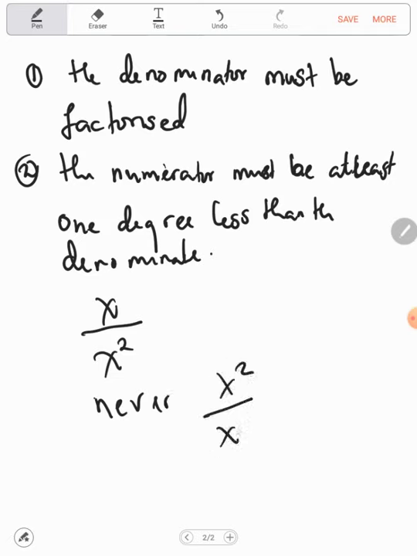If you have this, then you have to divide the numerator by the denominator.